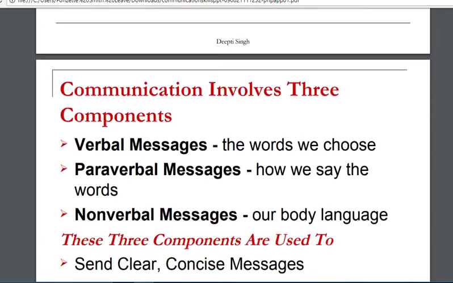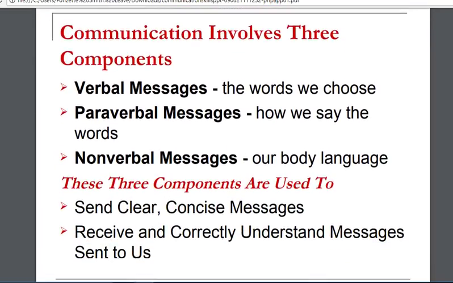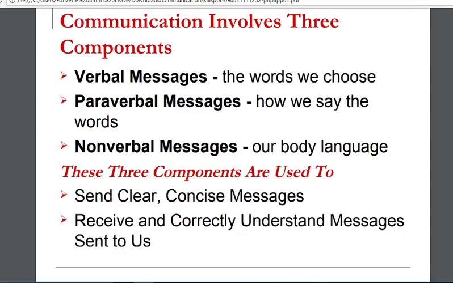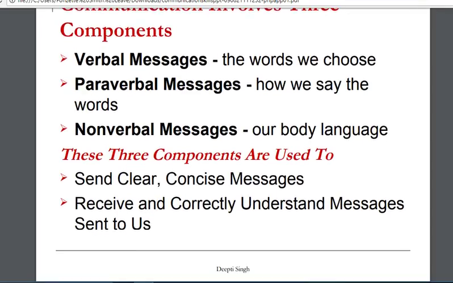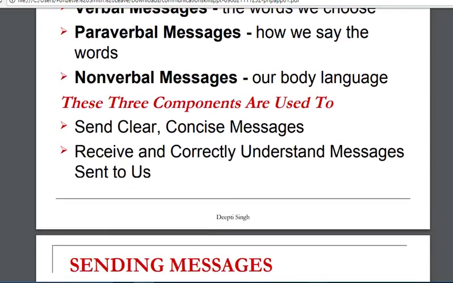Communication involves three components: verbal messages, the words we choose; paraverbal messages, how we say the words; and nonverbal messages, our body language. These three components are used to send clear, concise messages, and receive and correctly understand messages sent to us.